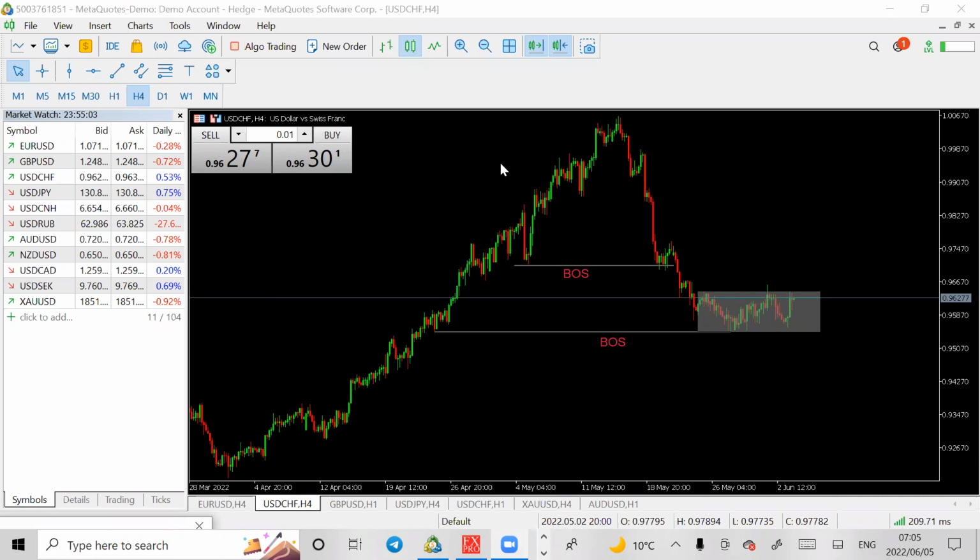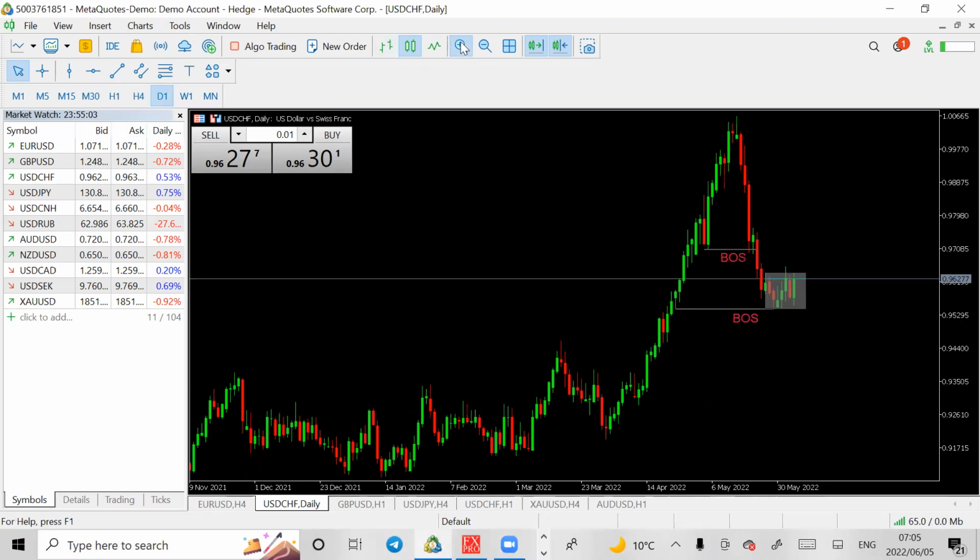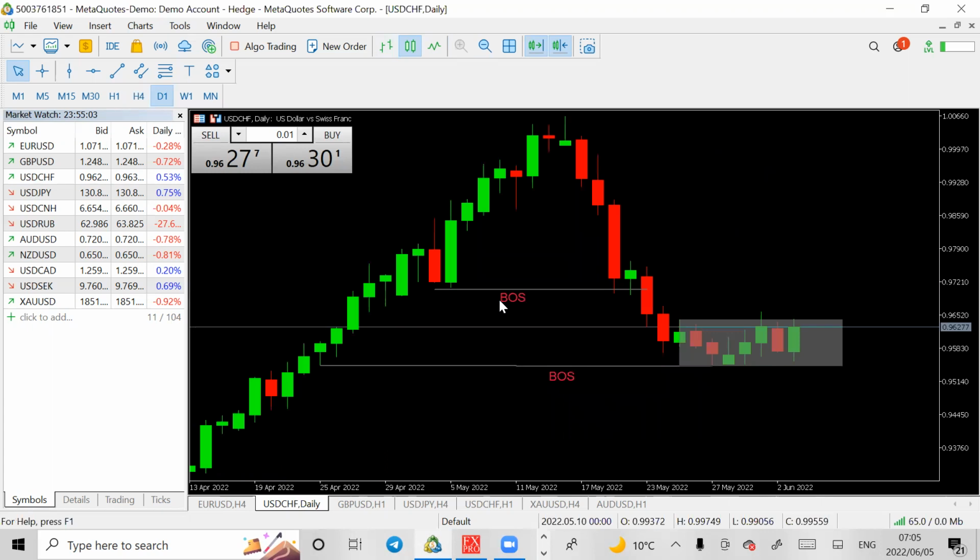Last week you remember we were waiting for USD Swiss franc, because what we saw on daily is that it broke the previous higher low, which you had here. You see, it broke structure, right? So it gave us the intent of the trend change.